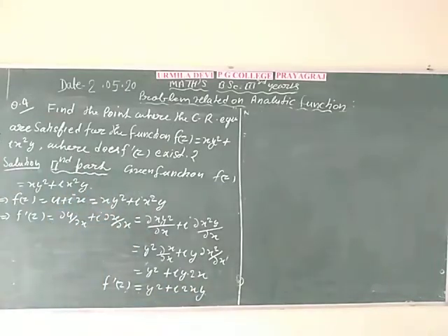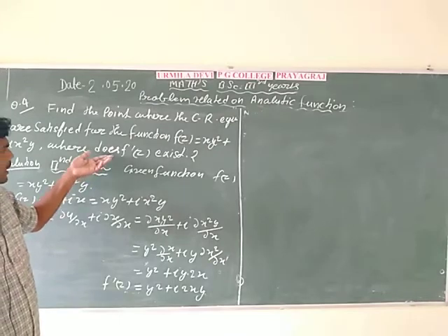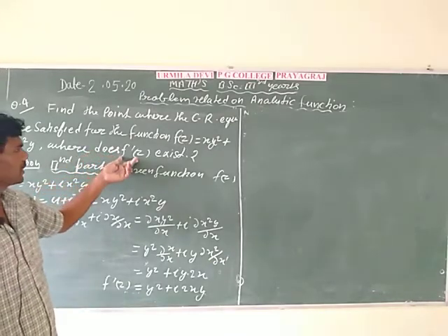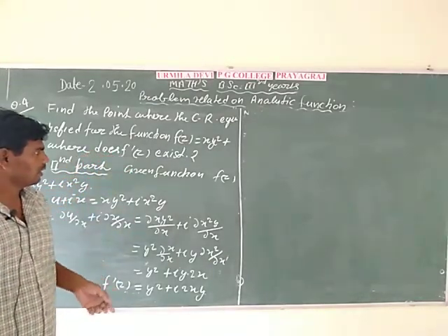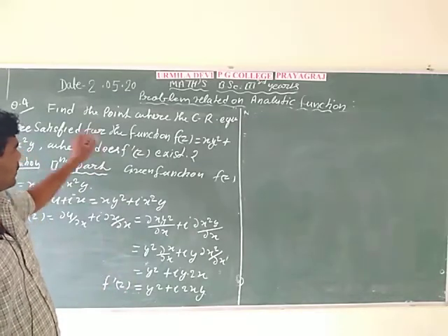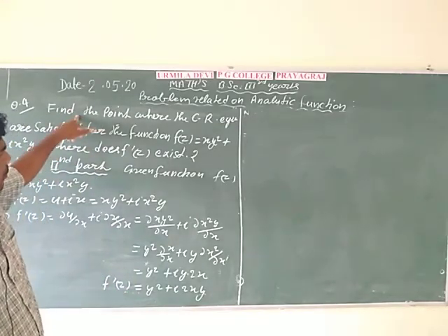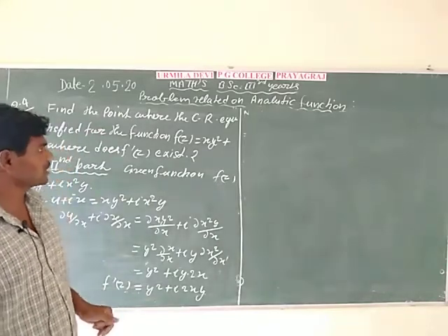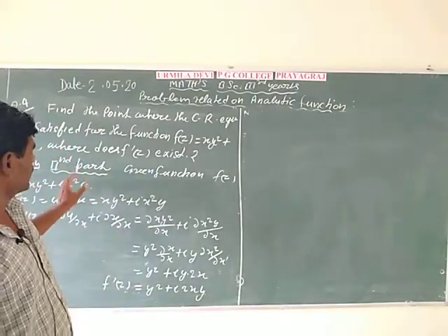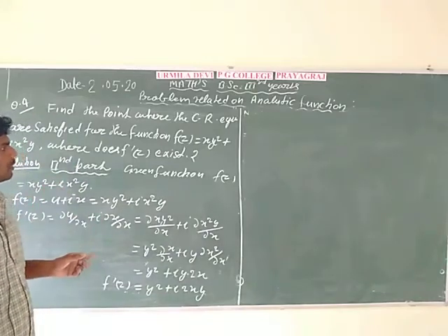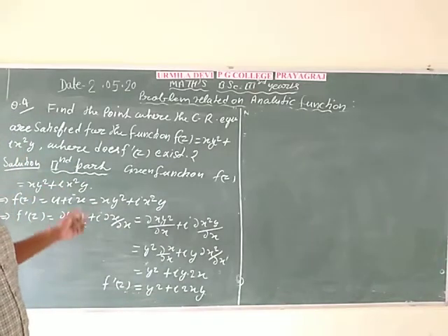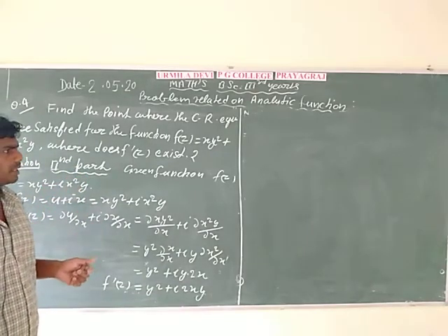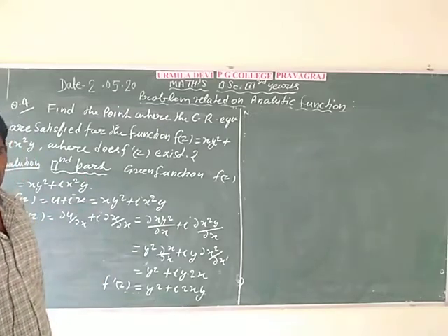According to the question, we need to check whether f dash z exists or not at the point where function f(z) is analytic, means satisfies the CR equations. We already proved in the first part that function f(z) is analytic at z is equal to 0, means x is equal to 0 and y is equal to 0.